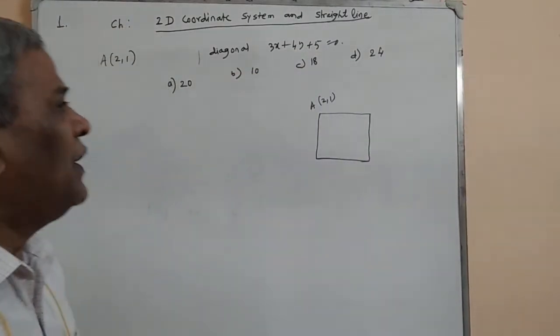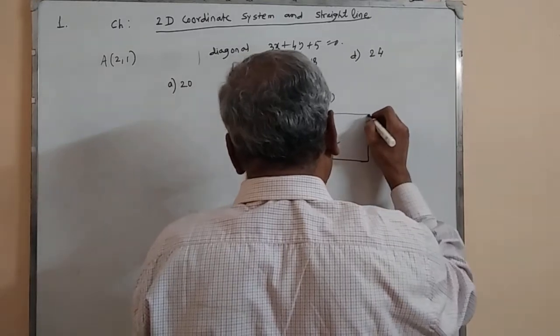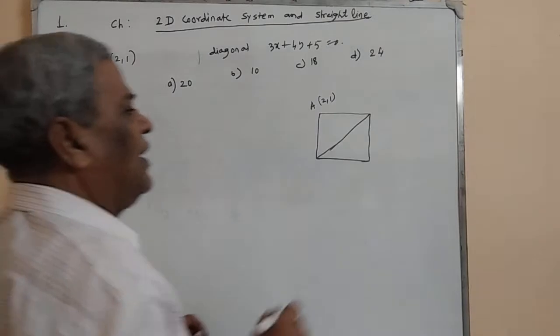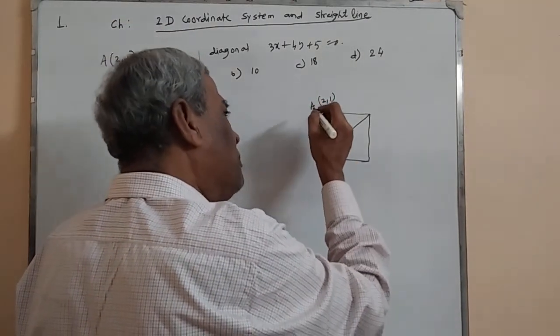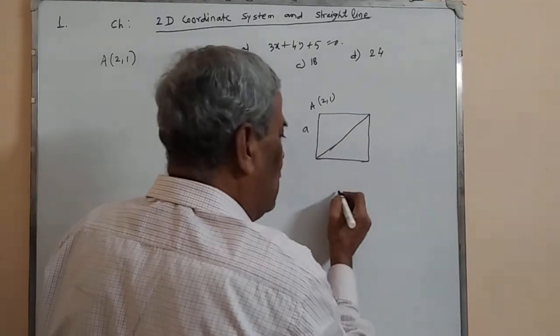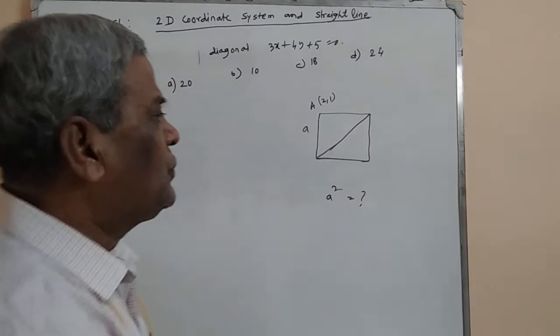So it must be the other diagonal. Actually, if the side is a, we have to find the area of the square.